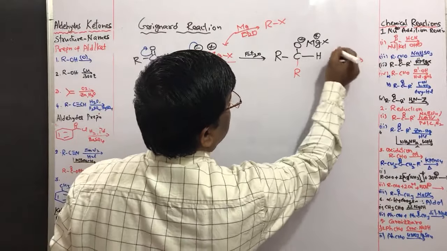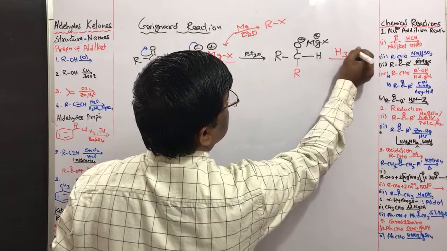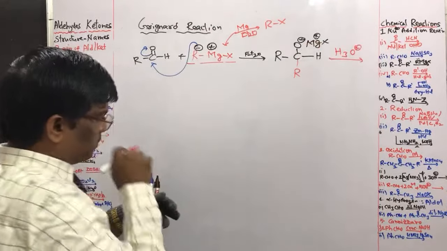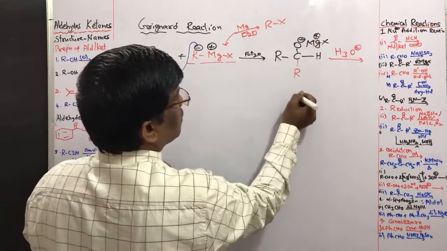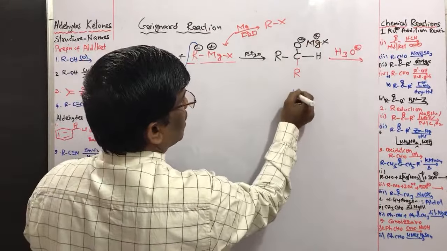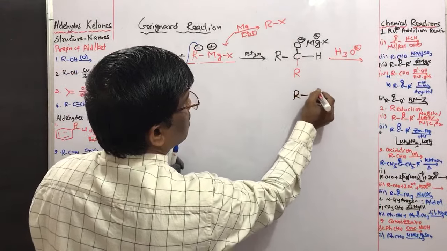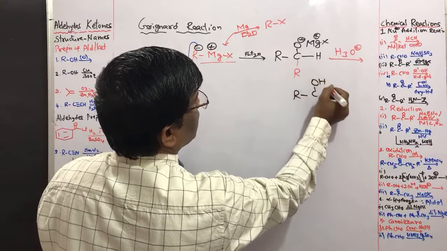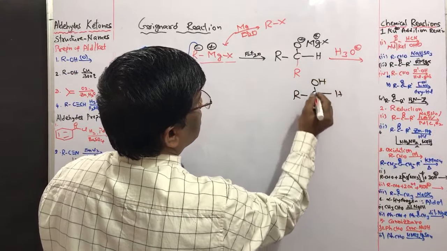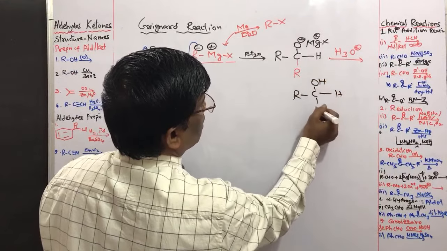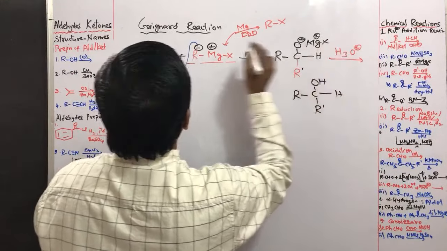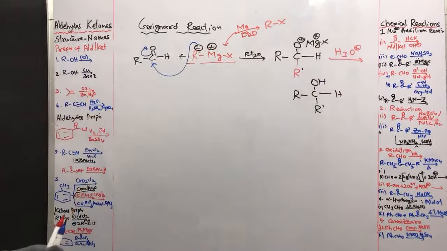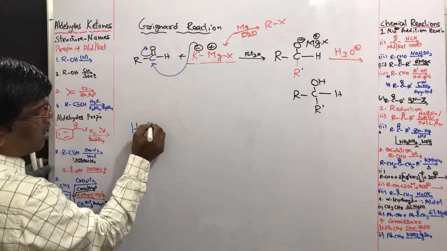And now when I do acid hydrolysis, it is going to give RCOH and H. This is R. Let me write R prime here, right? So whatever with the R prime. So when I take a specific example, formaldehyde.